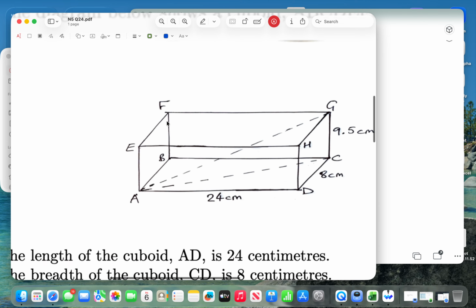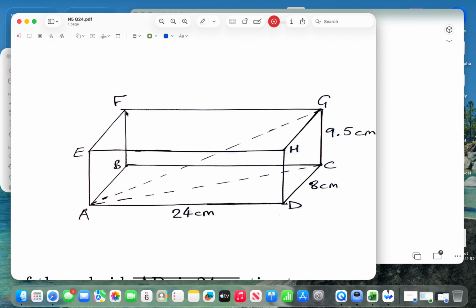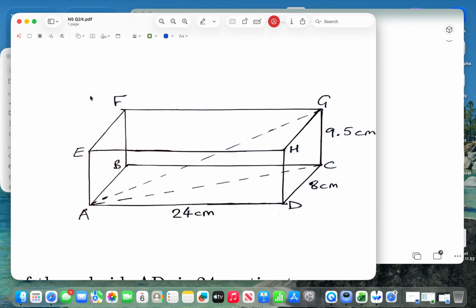Same with, if you go from F to D, that is the longest possible diagonal in a cuboid. And you need to know the difference between a face diagonal and a space diagonal.